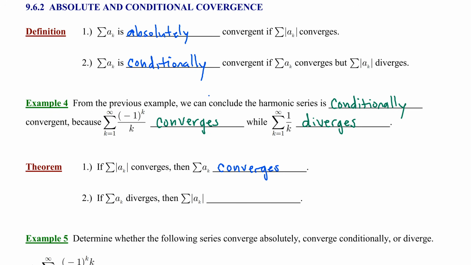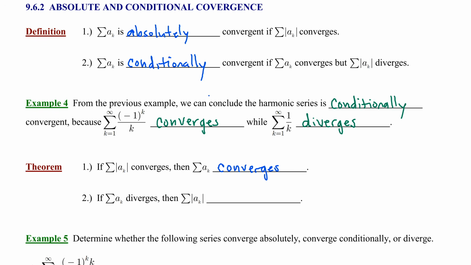In practice, what this means is that I can avoid the alternating series test by examining the absolute value form of the series. If that one converges, then I can conclude that the alternating series also converges.